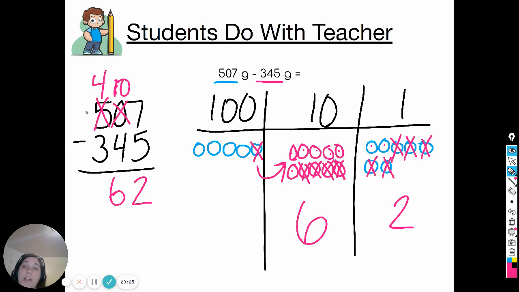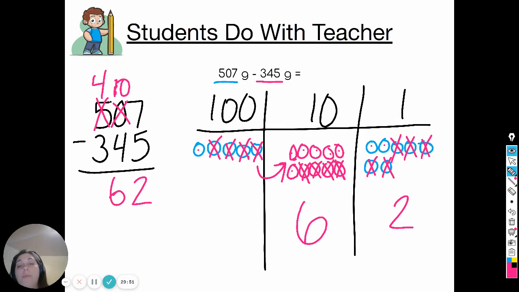Okay, now we are ready to do the hundreds place. We have 4 minus 3, so we need to take 3 of them away. Now, you might notice that 1 is already crossed out, but that one does not count because we traded that over here. So we need to cross out 3 more. So we're going to start counting. 1, 2, 3.